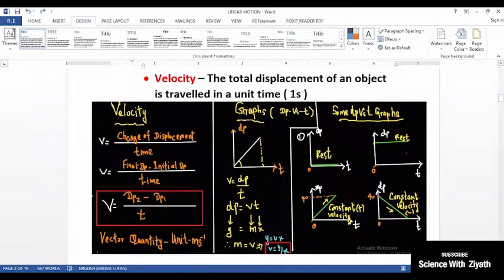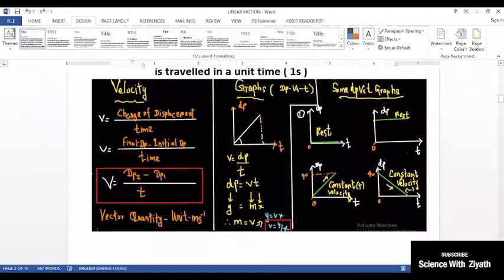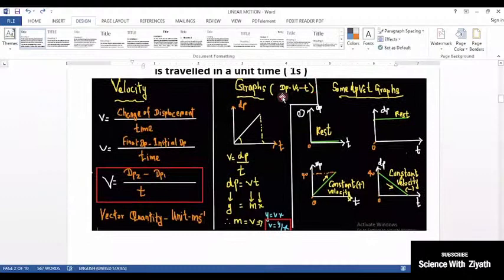Okay. And also, if you look at this one, the displacement time graph, here I have put displacement, and the time here. V is equal to displacement over time, and displacement equals V into T, velocity into time. Displacement is given in the y-axis, and time is given in the x-axis, and m is equal to y over x, and m here is velocity.